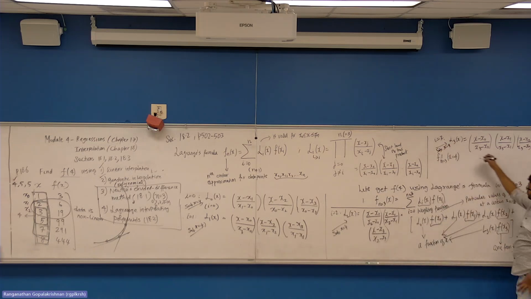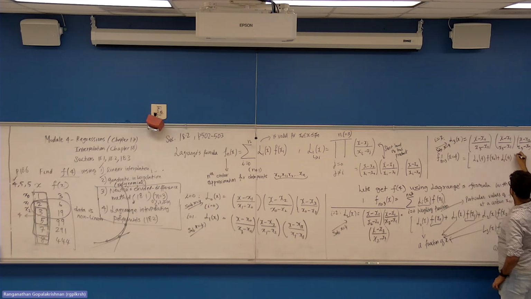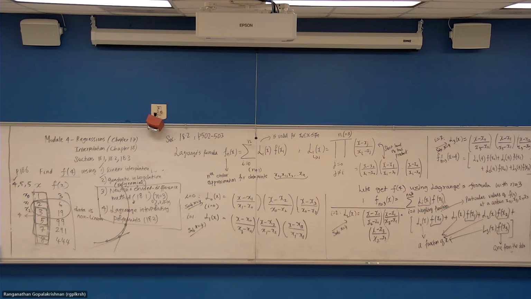So you're going to get this equal to L naught of 4 multiplied by f of x naught plus L1 of 4 multiplied by f of x1 plus L2 of 4 multiplied by f of x2 plus L3 of 4 multiplied by f of x3. When you say L naught of x or L1 of x, that is a function, but L naught of 4 is a particular value of that function.